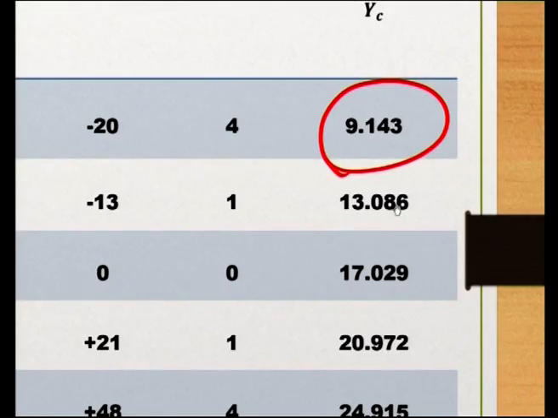Likewise, all the values are calculated. 13.086 is the value corresponding to the year 2006, wherein x value is -1. Substitute x is equal to -1 in the trend equation. The y is equal to 17.029 plus 3.943 into -1. Therefore, the y value at year 2006 comes to be 13.086.